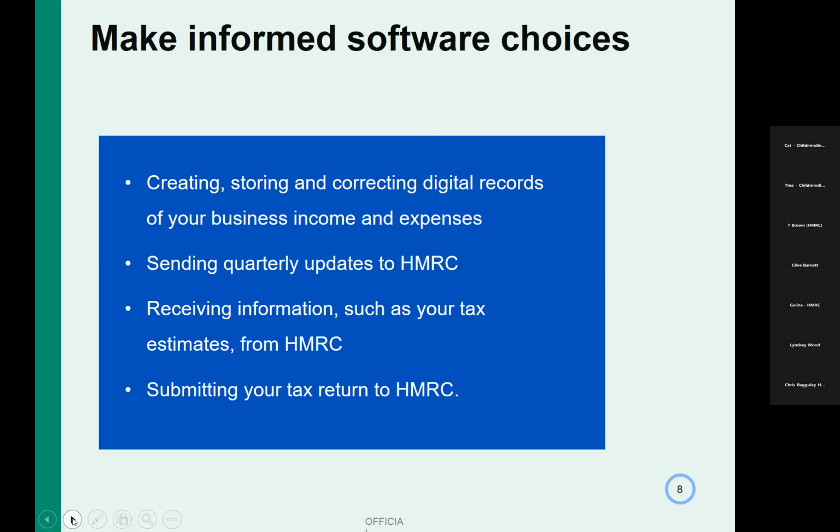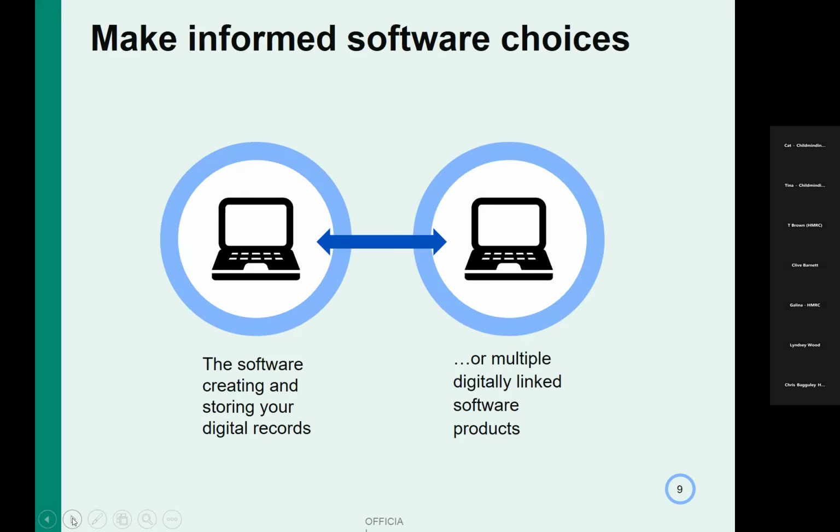Moving on to the next slide, as stated, depending on your circumstances and needs, you may need one item of software which can do all of these things, or you may need to link multiple software products together. If you use more than one piece of software, you do need to do a thing called digital linking.